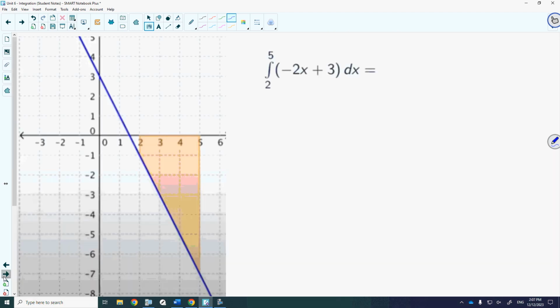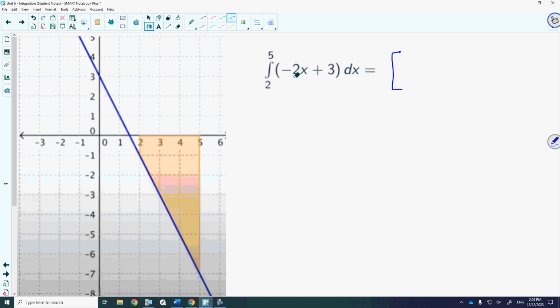Okay. I want you to integrate from 2 to 5, the area under this curve. So here's the curve. Here's from 2 to 5, and we're going to integrate it. So take the antiderivative of your function.